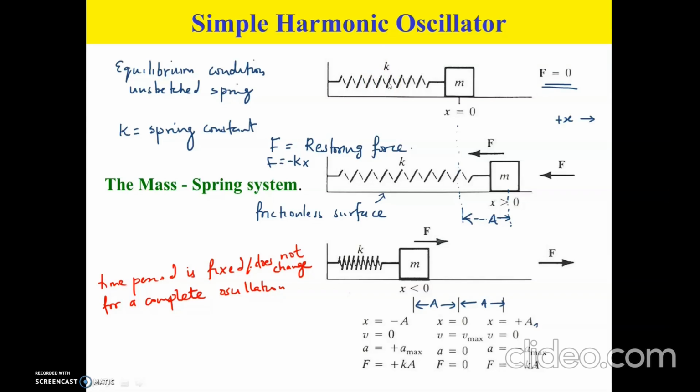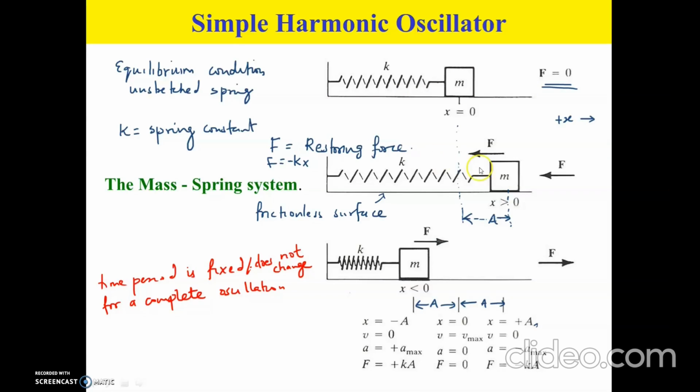In the equilibrium condition, when x is equal to 0, there is no displacement of the mass, so the force acting on the object is 0. Here we are considering that this mass is sitting on a frictionless table, and you have to keep that in mind as we go forward.